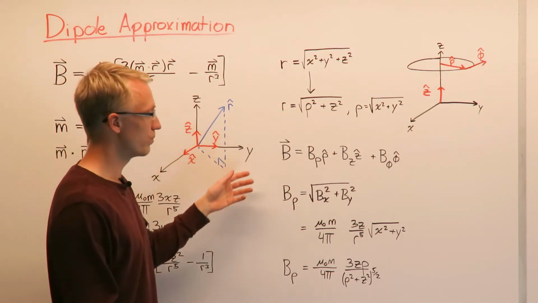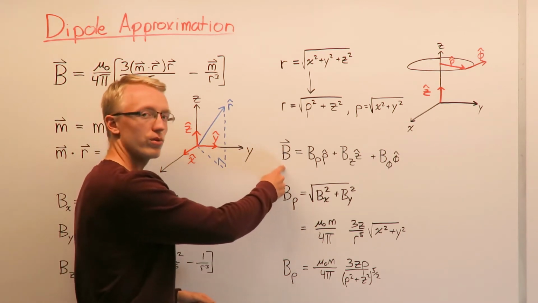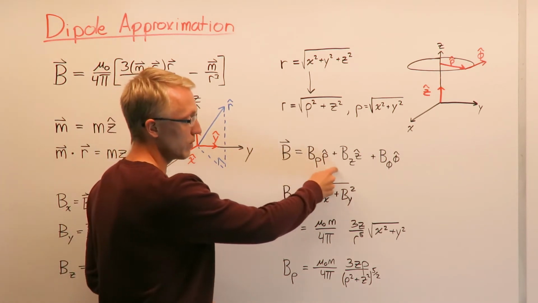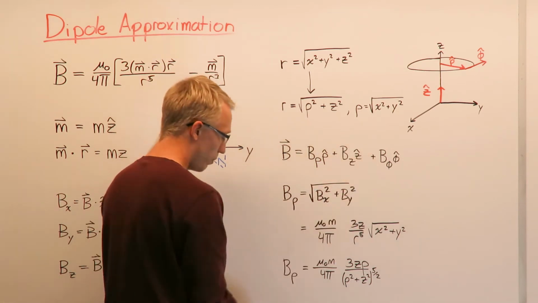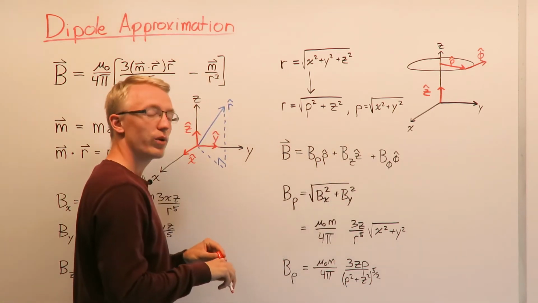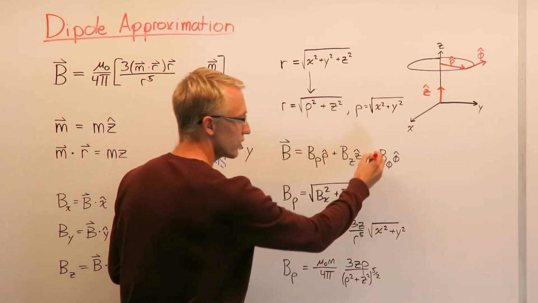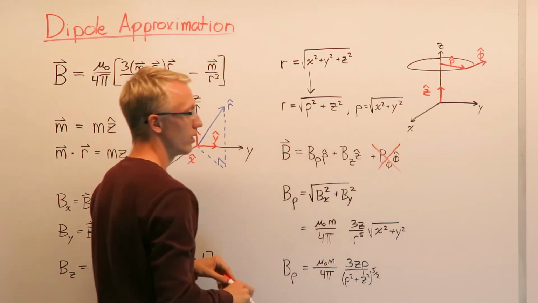Now in this system, our B vector becomes equal to B rho rho hat plus Bz z hat plus B phi phi hat. But since we have cylindrical symmetry, this term actually is 0.